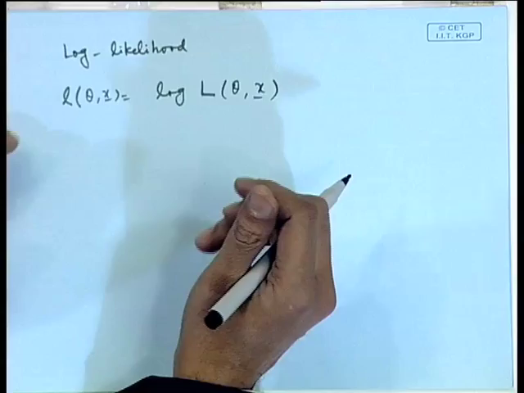And we will see what the solutions are. Another point is that sometimes this method of taking the log may not be very convenient. In fact, it may not lead to a solution. In that case, we may have to use direct analytical methods for finding the solutions of the likelihood function.